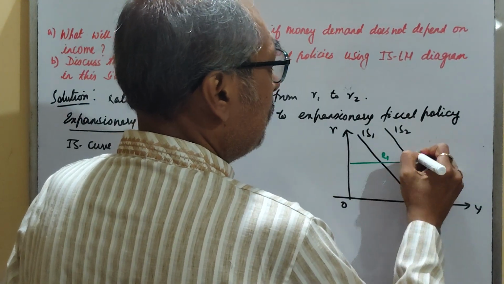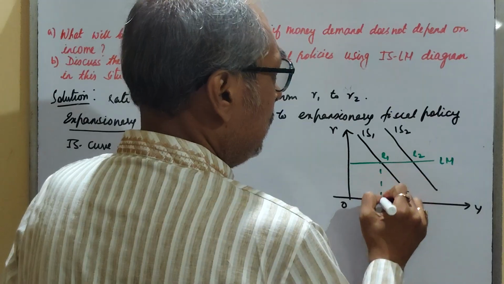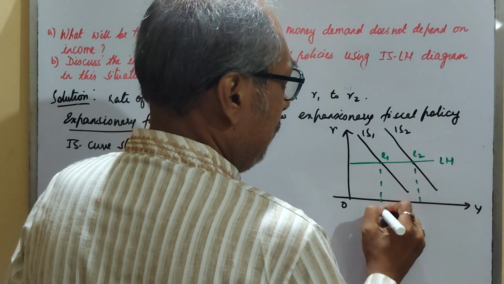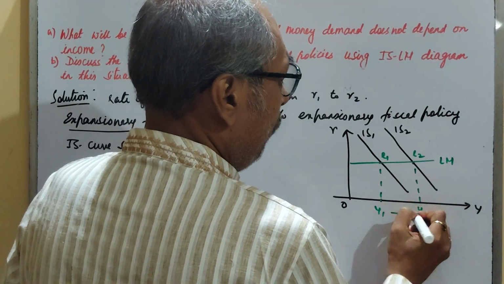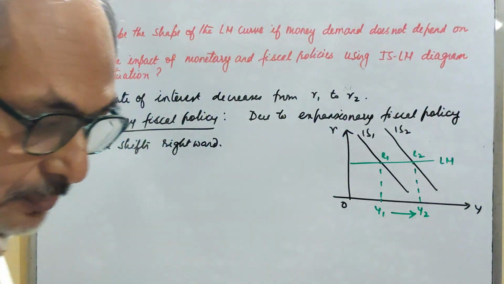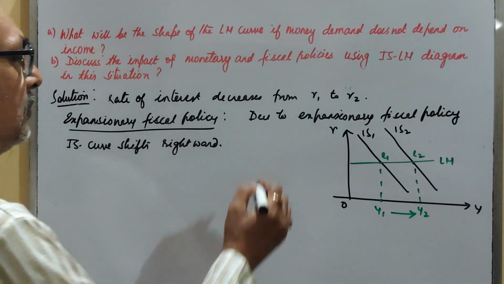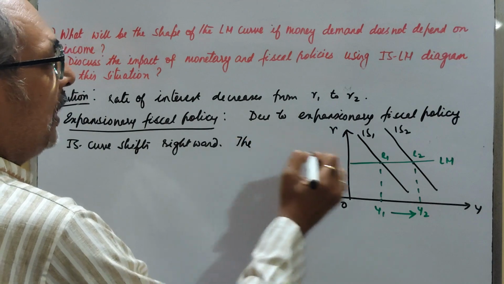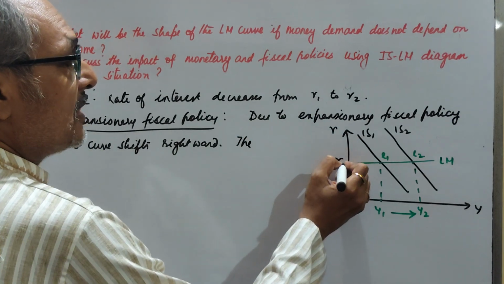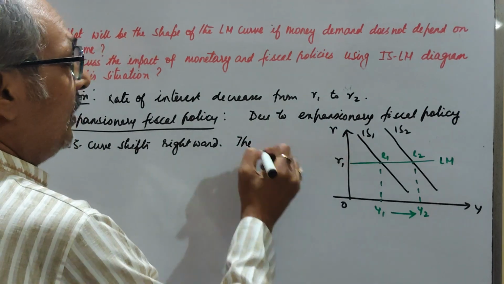The economy moves from E1 to E2. Output increases from Y1 to Y2, and rate of interest remains constant at R1.